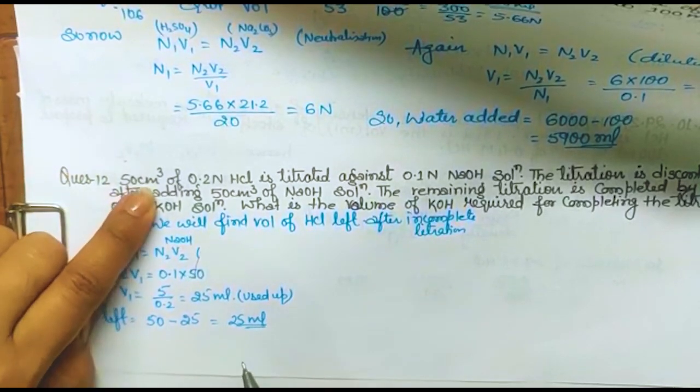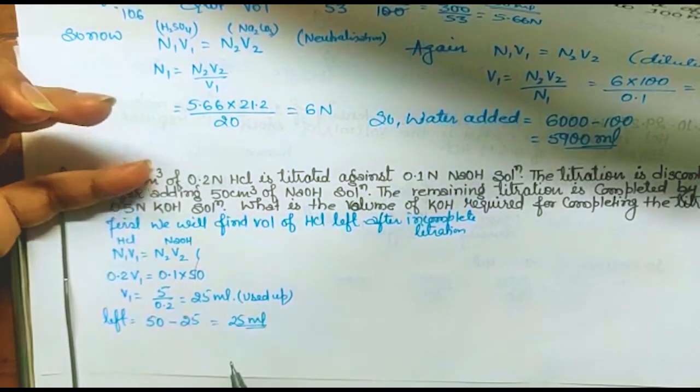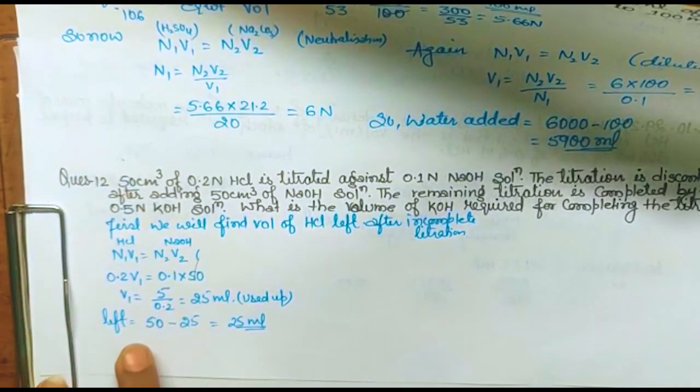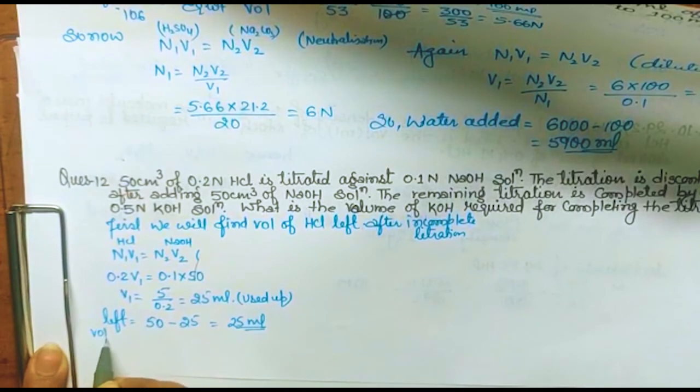I told you centimeter cube is equal to milliliter, so whether you write cm³ or ml, it's okay. So left volume of HCl, this one.